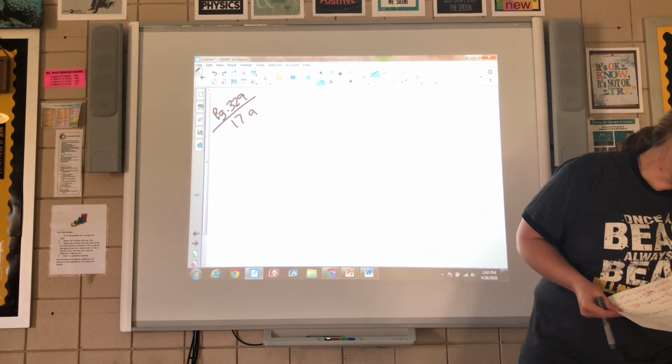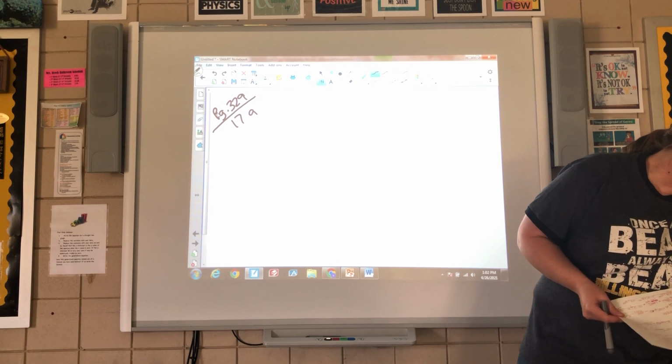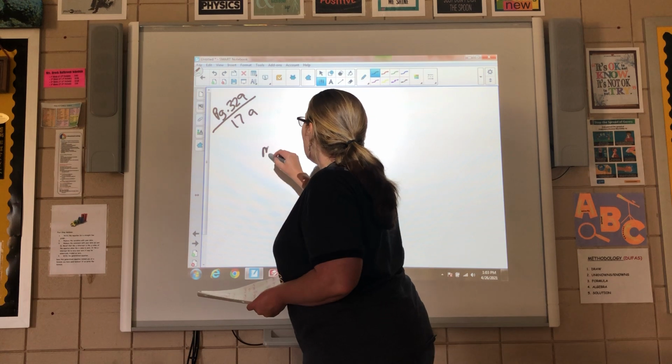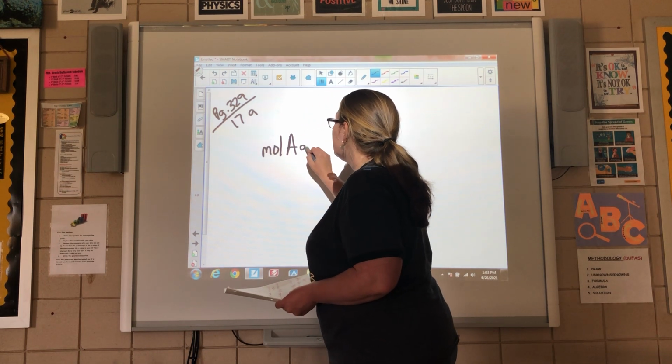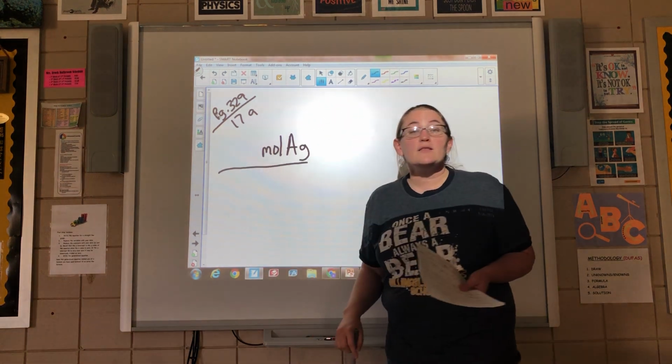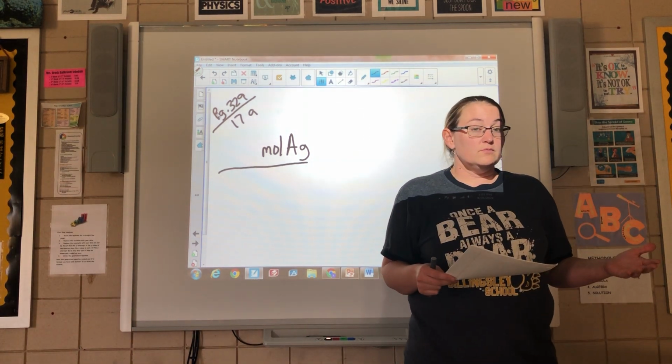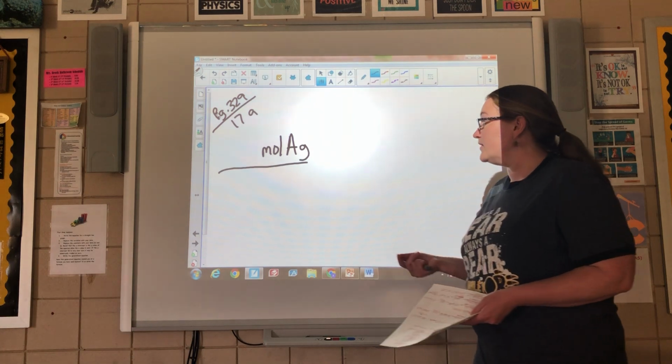All right, so the first thing we're working with in 17A is Ag, or silver. So we want to know something about moles of silver. Do we know anything about it off the top of our head? No, but we have our tool, the periodic table, in our hands to be able to figure it out.